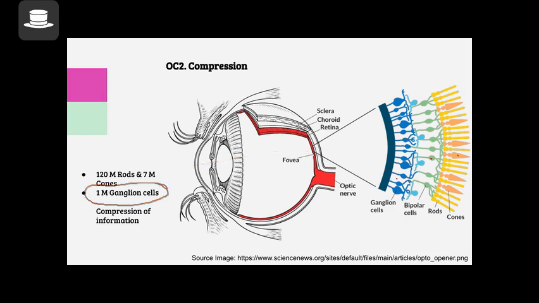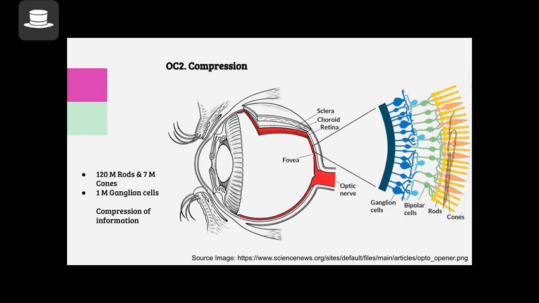Think of these photoreceptors as the pixels in your camera. So these retinal cells, rods and cones, are capturing, this is just an analogy again, 127 million pixels of information.